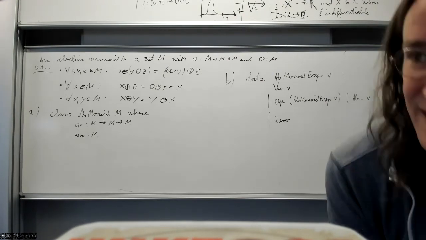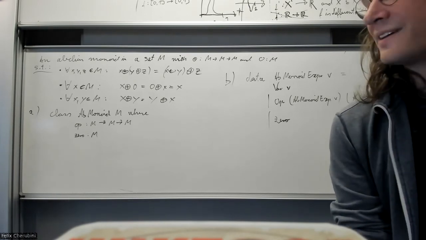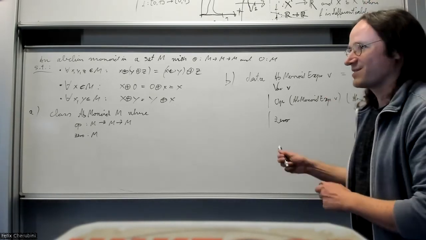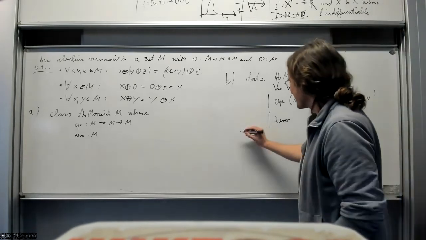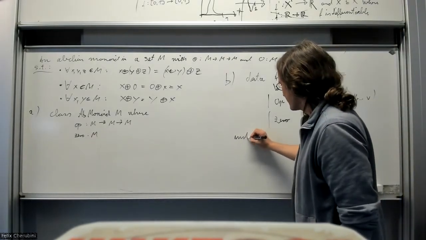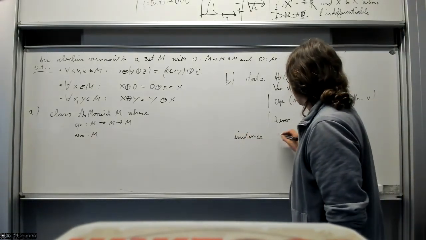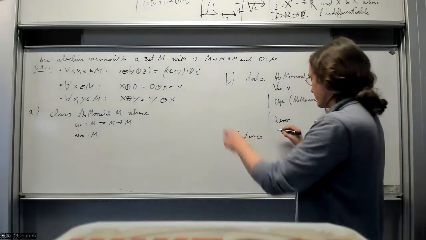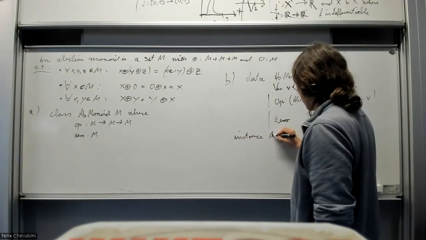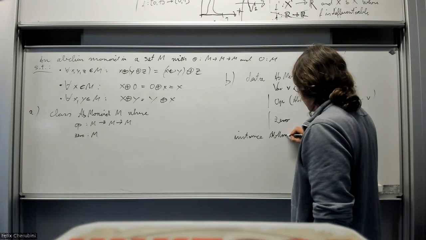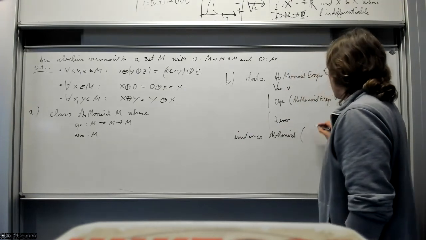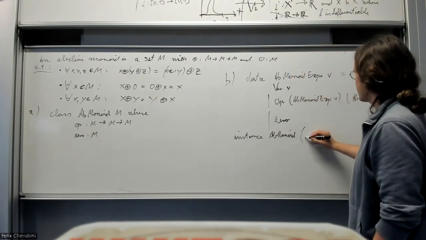I think they want you to declare an instance of the type class. Yes, but I'm a bit confused about the text after it. So instance up monoid of this thing.